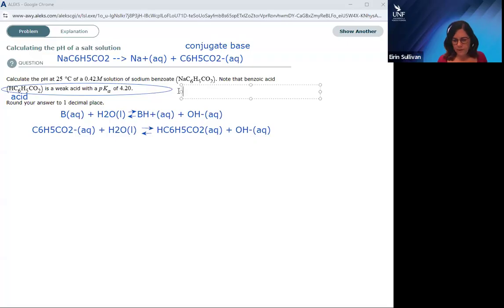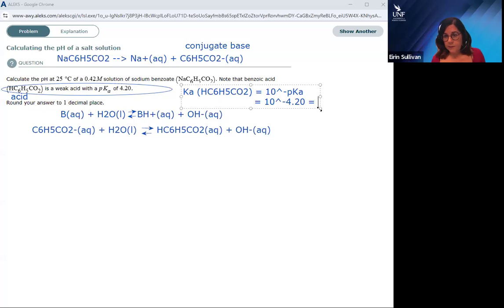So if we've got our pKa, then our Ka for our benzoic acid, HC6H5CO2, is going to be 10 to the power of minus pKa, which is 10 to the power of minus 4.20.